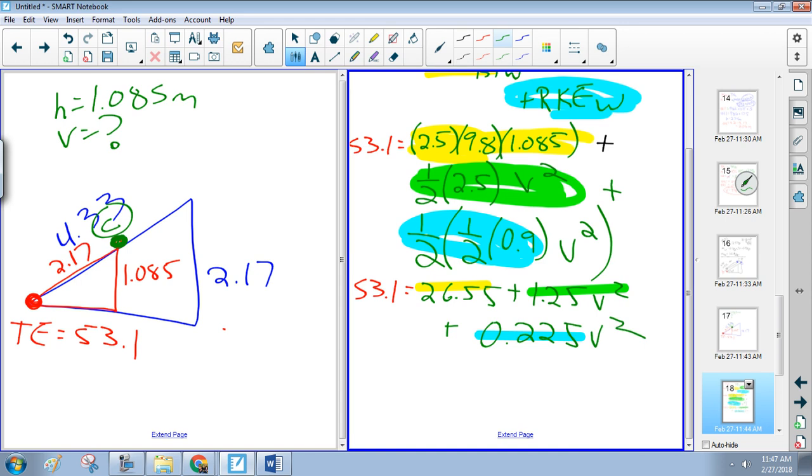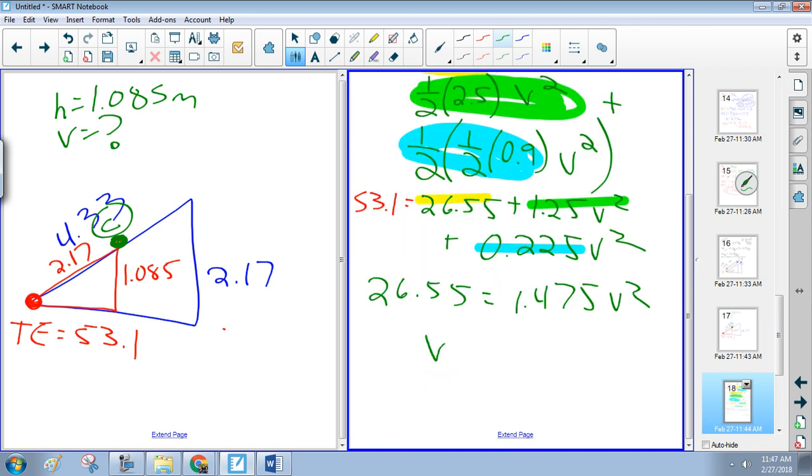Then solve this mess. You get 26.55 equals 1.475 v squared, and solve for your v, and you get whatever the answer was on the sheet, 4.24 meters a second.